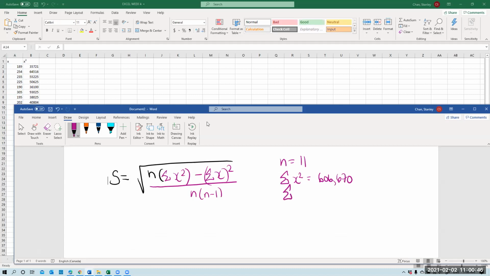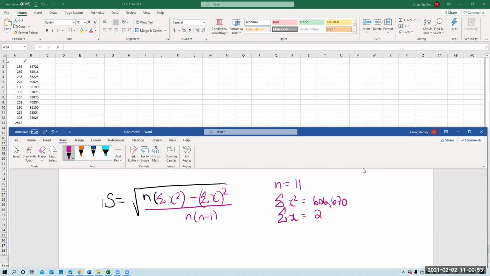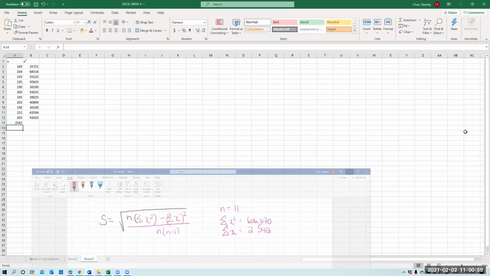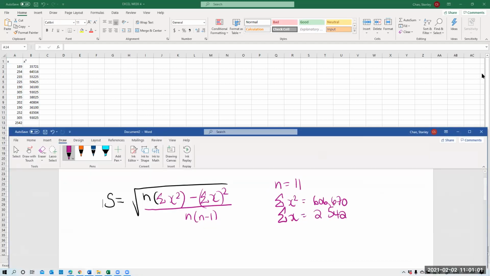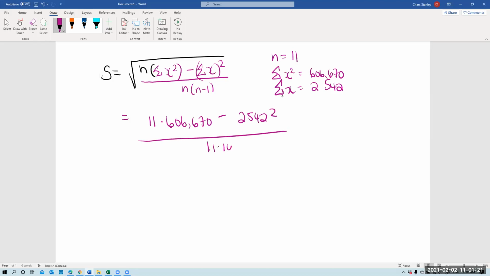So the sum of the x's is equal to 2,542. Now I can work with that, and I can solve for my standard deviation using the longhand calculation. So this is going to be equal to 11 times the sum of the x's squared, which was 606,670, subtract 2,542 squared, over 11 times 10.